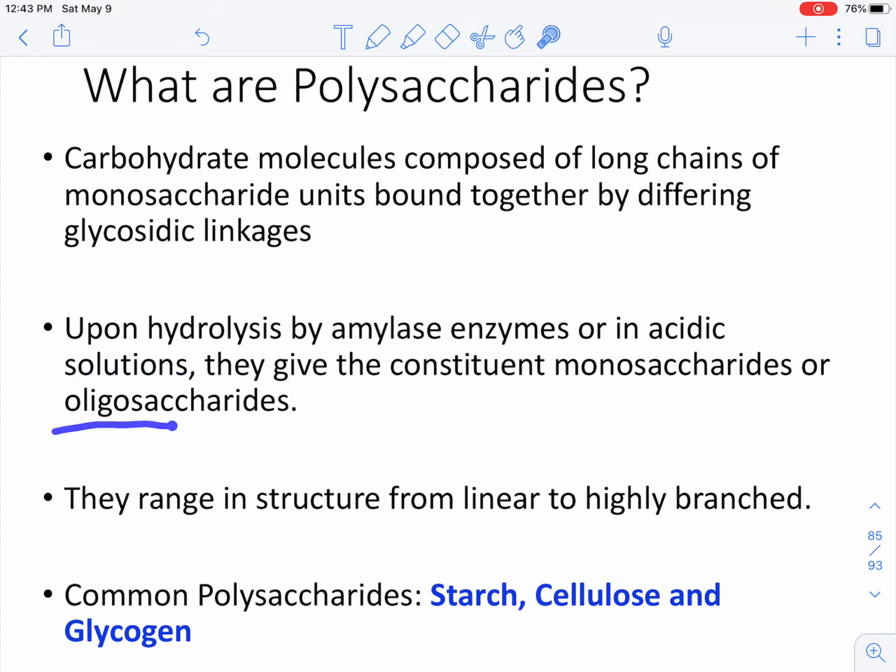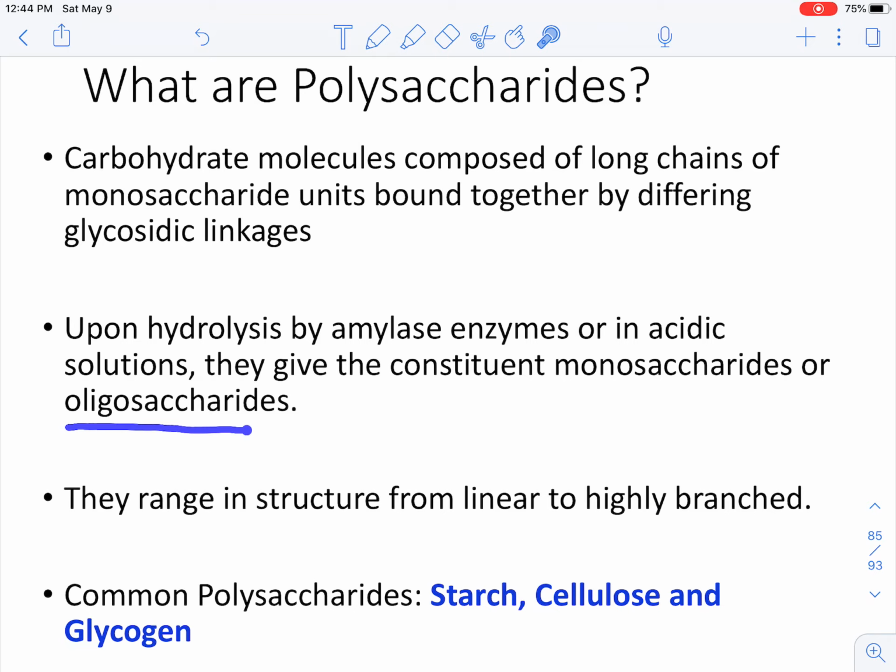And so oligosaccharide is another class of carbohydrates that's about 3 to 10 monosaccharide units. And so oligosaccharides do have specific functions in the cell. Primarily, they're used for cell recognition.